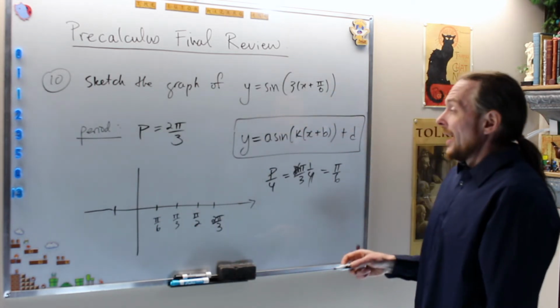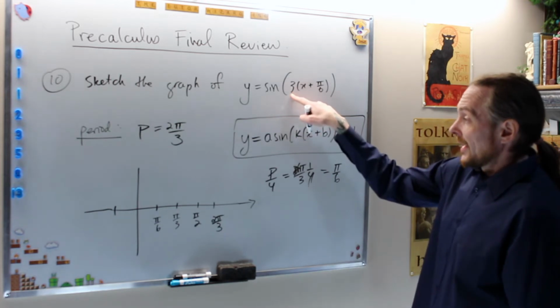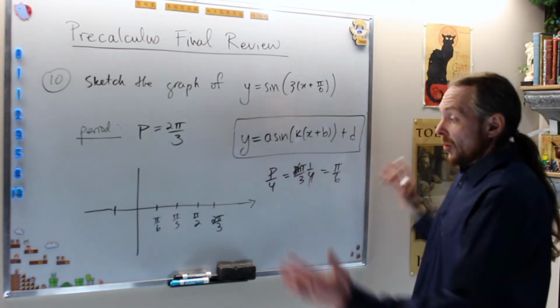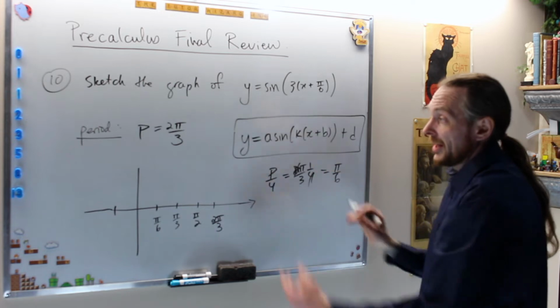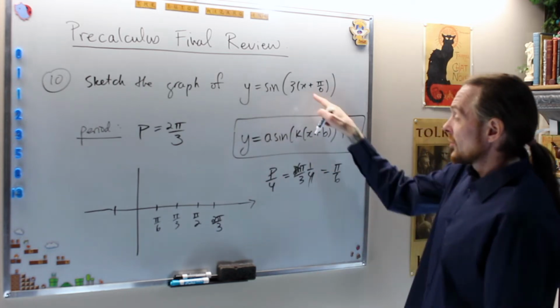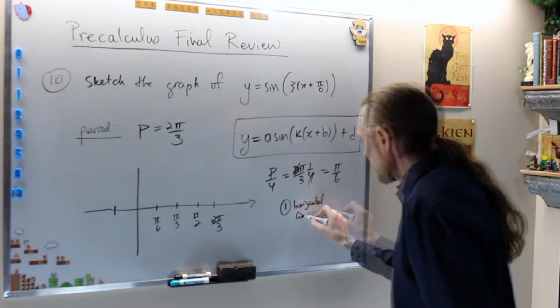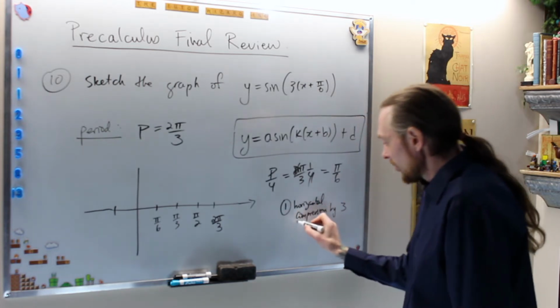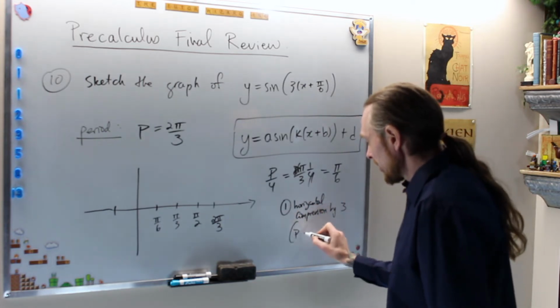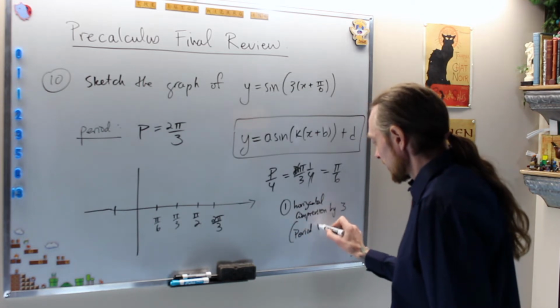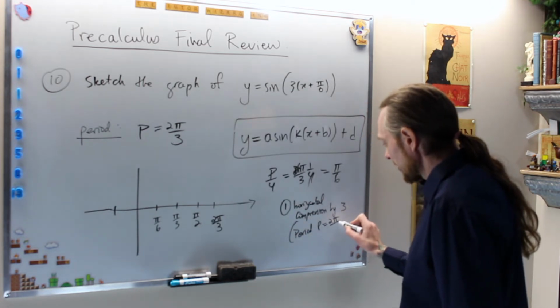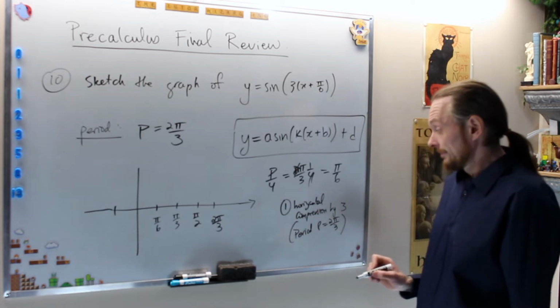Once I do that, I can deal with this first guy, which is the period or horizontal compression by a factor of 3. Then we'll shift. The two things we're going to do are 1, horizontal compression by a factor of 3. What we call that is the period is going to be P, 2 pi regular, and then divided by 3.